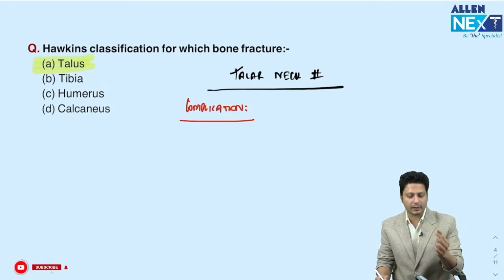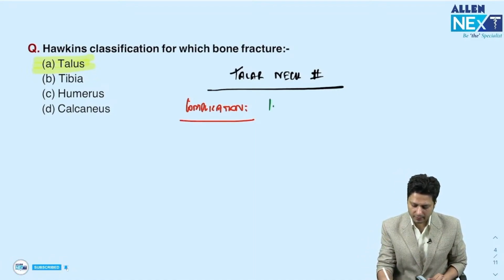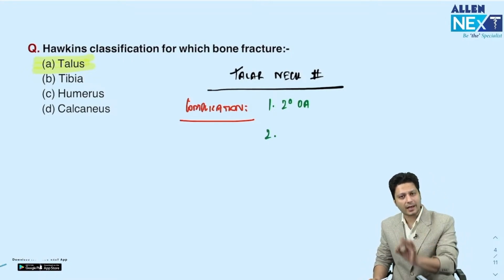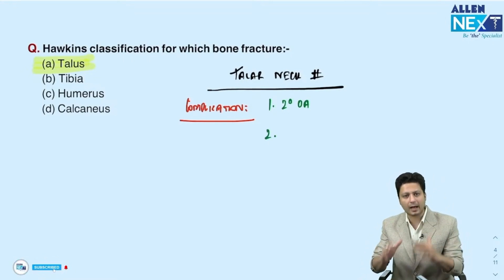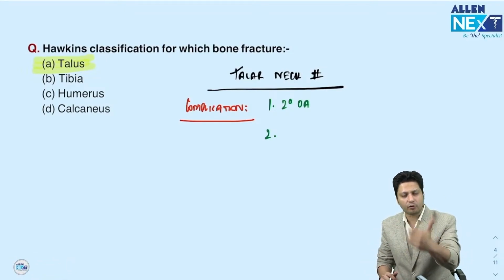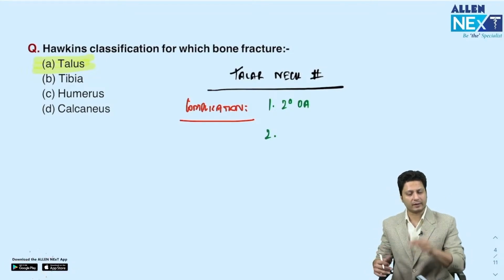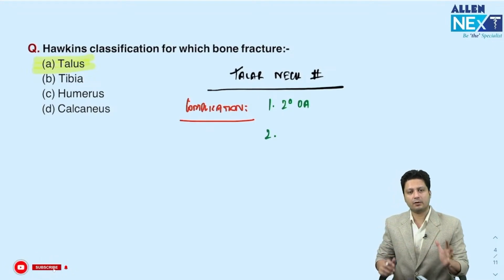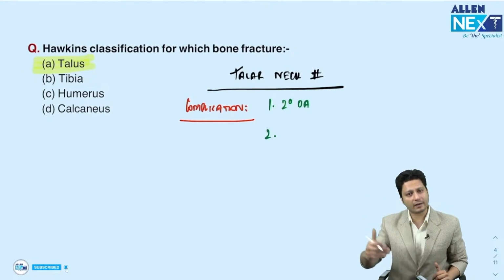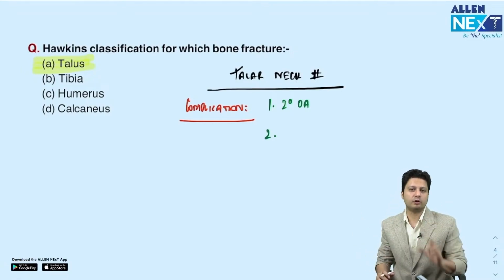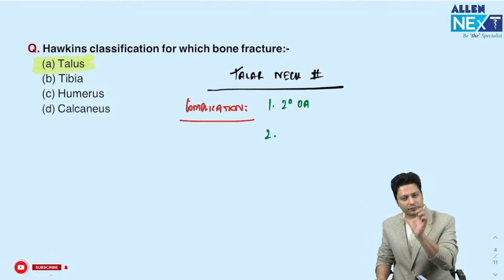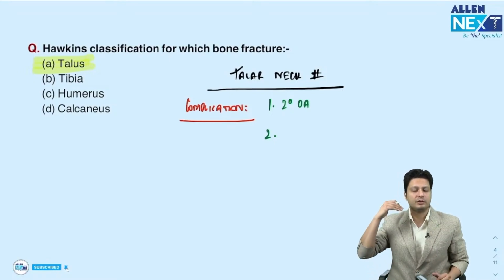And the specific complications that we have to talk about are, the first one, secondary osteoarthritis. If the talar neck is fractured, then the degenerative changes in the ankle joint are inevitable. It will happen. And you have to counsel the patient before performing surgery, before performing the management, that even if the bone unites successfully, even if the bone does not go into avascular necrosis, even then the patient would be having pain, which might persist throughout life because of the degenerative changes in the ankle, which are bound to happen.